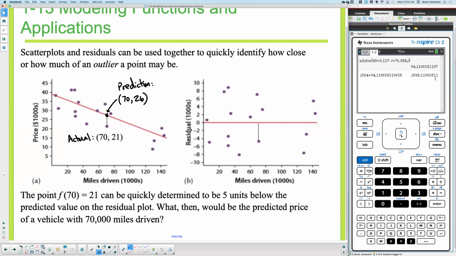Okay. What then would be the predicted price of a vehicle with 70,000 miles driven? Well, you just did that. Not 30,000. What would be the predicted price? If the actual is 70, 21, the prediction is 70, 26. The predicted price would be, when you take into account that these are counting in thousands, 26,000.